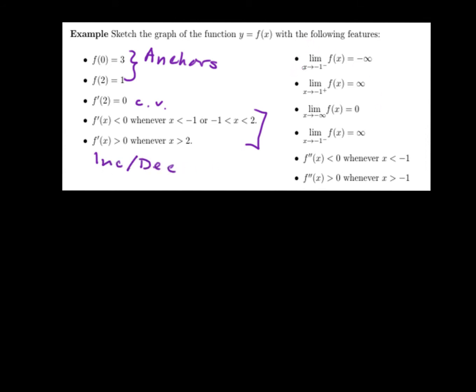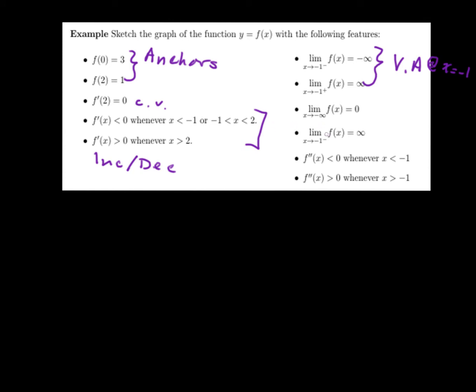Then we get that the limit as x approaches -1 from the left is negative infinity, and from the right, it's positive infinity. So that explains why there was this jump at -1, because we've got a vertical asymptote. This tells me I've got a vertical asymptote at x equals -1.